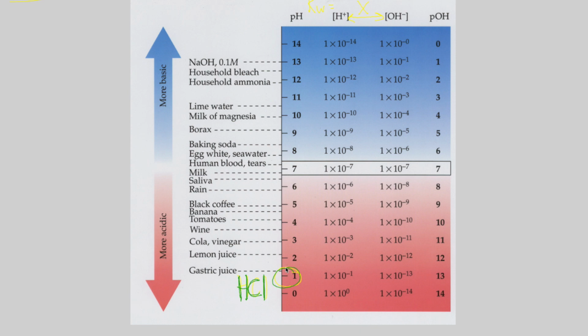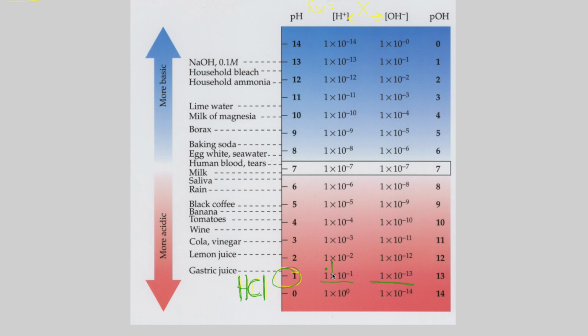So we know the molarity. The molarity is 1 times 10 to the negative first. That's hydrogen ion concentration. But guys, look at how low the concentration of the hydroxide ion is. The hydrogen ion concentration is 0.1 molar.